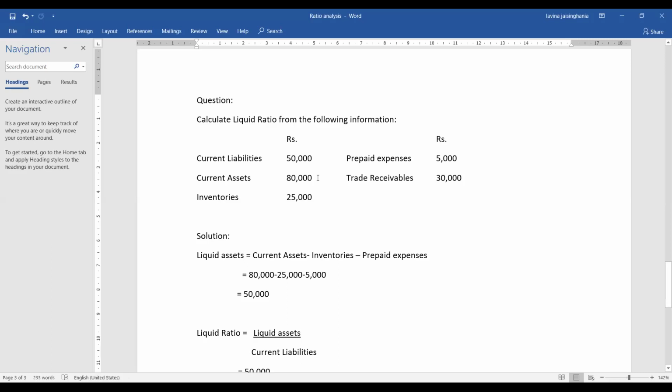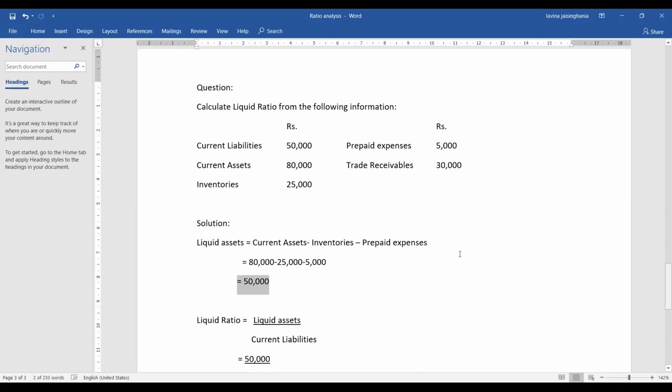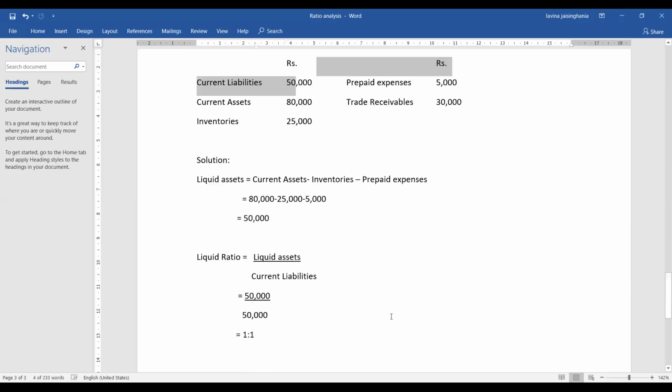You have current assets as 80,000, so 80,000 less inventories of 25,000 and prepaid expenses of 5,000. If you deduct this, you'll get your liquid assets as 50,000. Now you have liquid assets of 50,000 and current liabilities of 50,000. So liquid assets 50,000 divided by current liabilities 50,000, you'll get your ratio as 1:1.